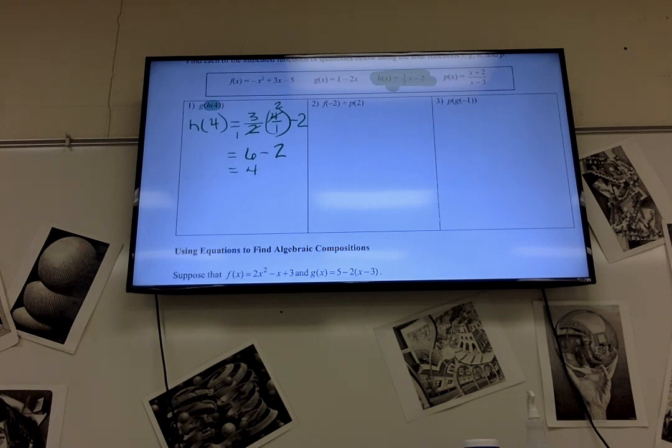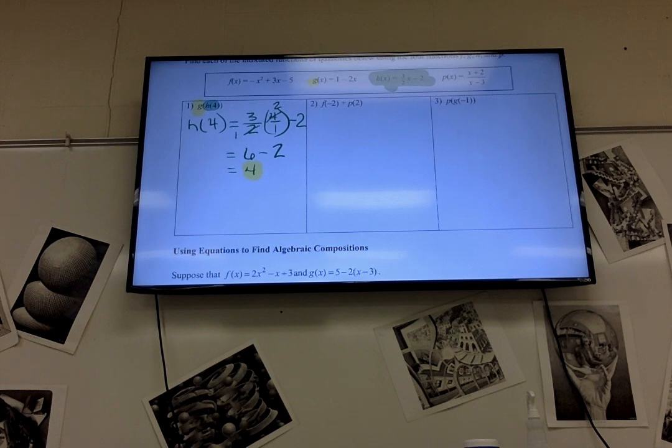Now, what do we do with that 4? Yes. You plug that 4 into the g. So we're going to find g of 4. So that 4 is plugging in right there, and we plug it into that yellow equation up there, 1 minus 2 times 4. That's 1 minus 8.